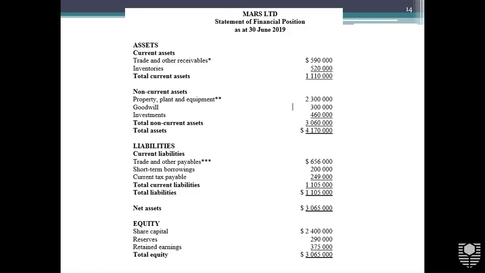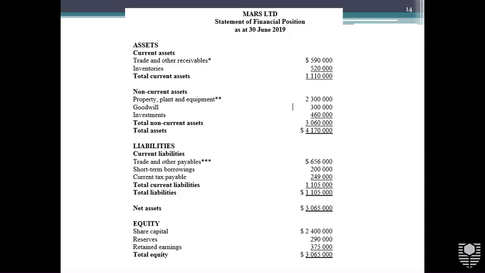But they will only ever give you a bank overdraft if they know that you've got ongoing cash monies coming in and that you've got other monies to account for it. So these guys have got 460,000 sitting in other investments. But what I'm trying to say is I wouldn't mark you wrong if you had switched them, because there's not enough info there to distinguish.